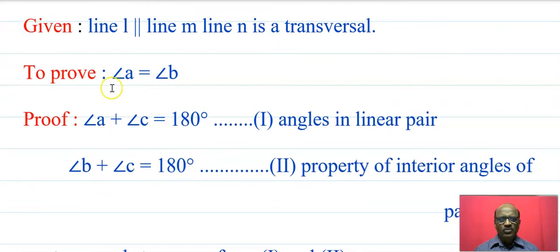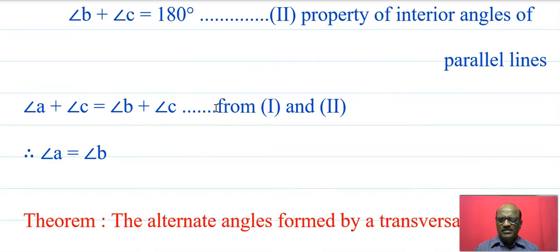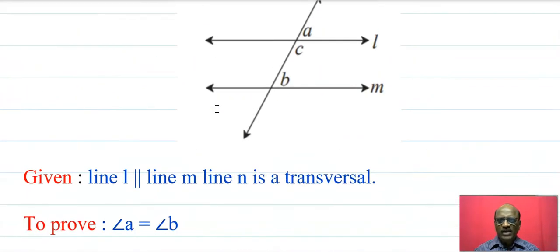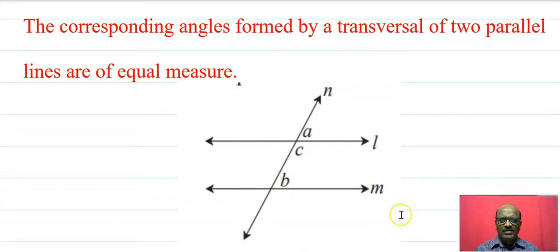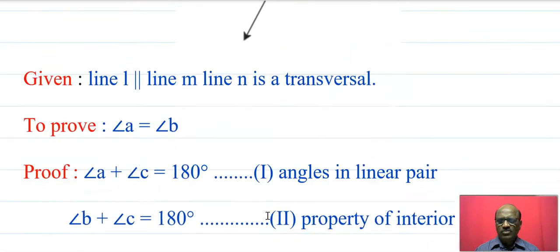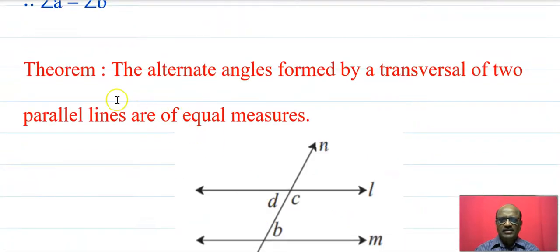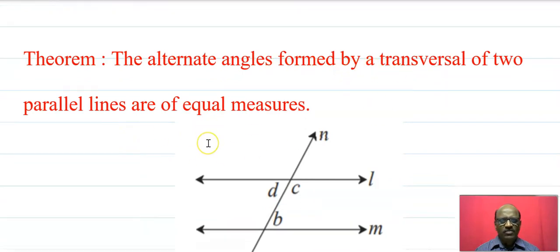That is what we wanted to prove. And therefore, when two lines are parallel, the corresponding angles formed by those two parallel lines are congruent.